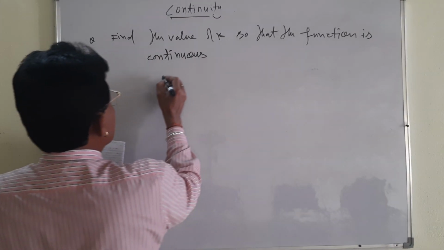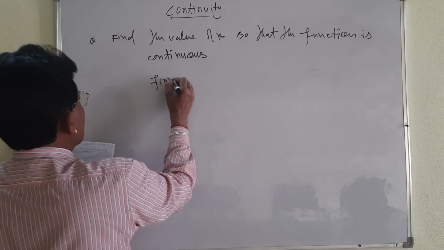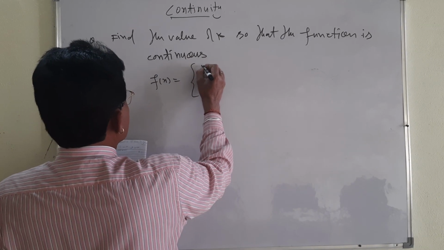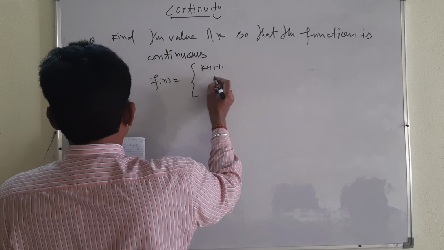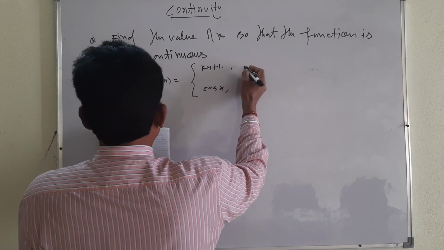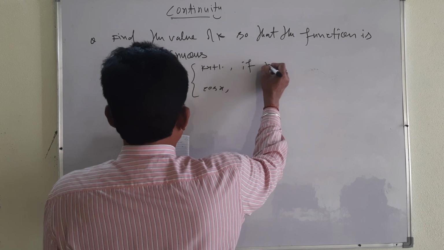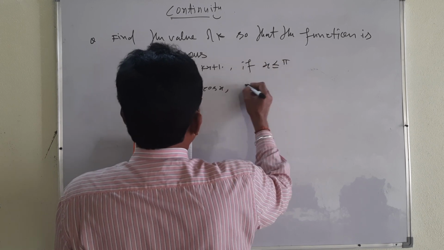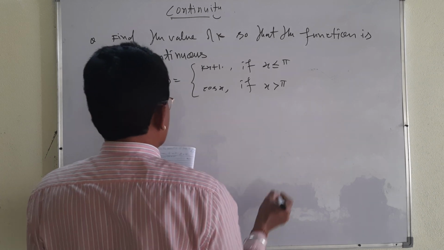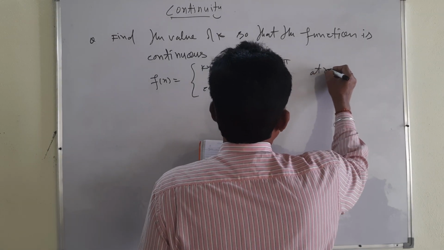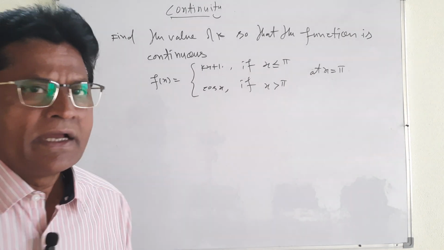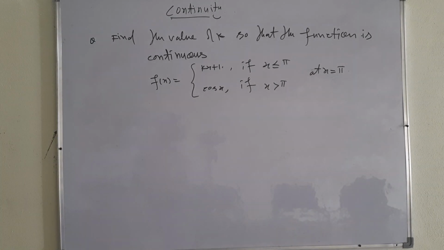Let me write the function. You write the function, my dear student. That is also a similar kind of question. kx plus 1, similar kind of process we will have to use, cos x. Okay? If x is less than or equal to pi, if x is greater than pi, similar kind of thing at x is equal to pi. This is the function, and a very important function.